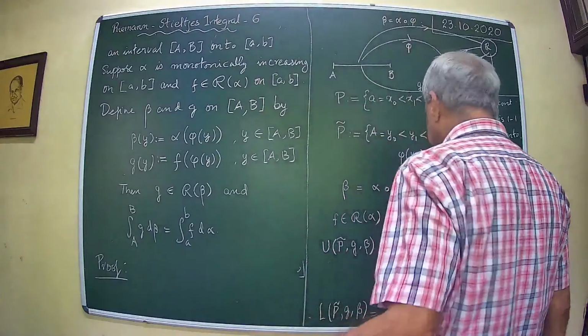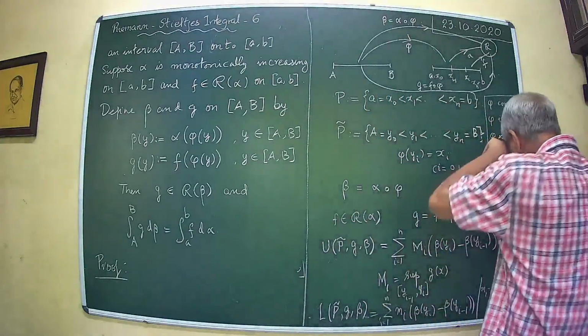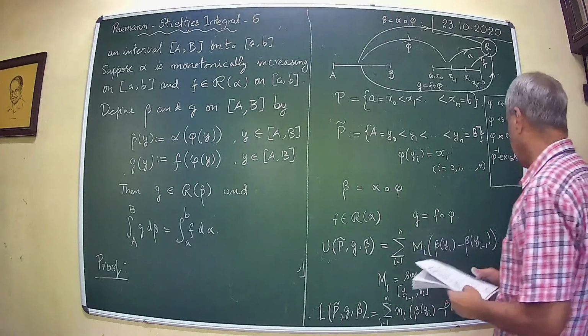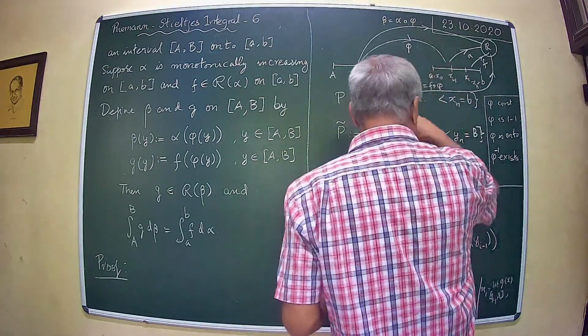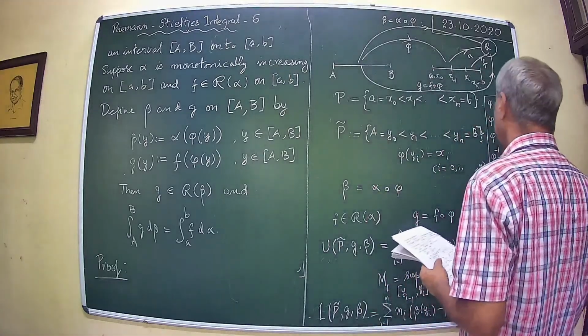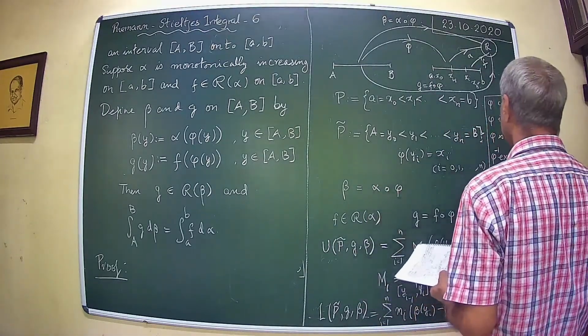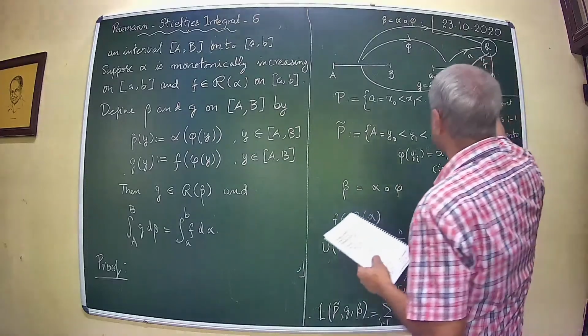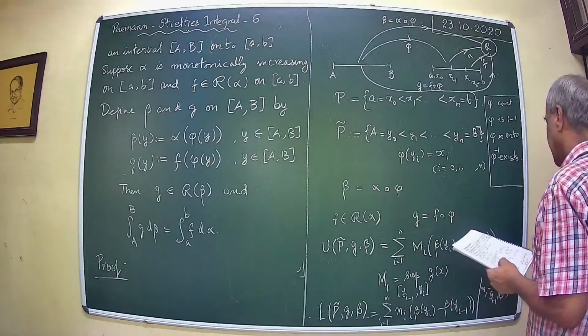Now one can see the following. So what is G? G on the interval yi minus 1 to yi is determined by f on the interval xi minus 1 to xi, and they have the same value.